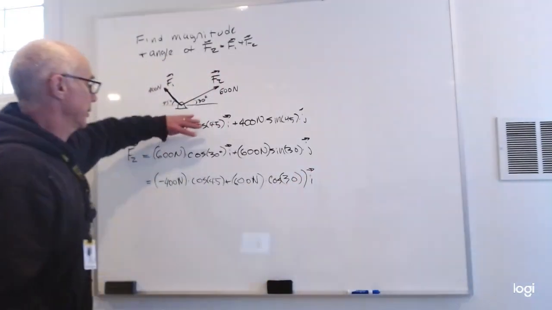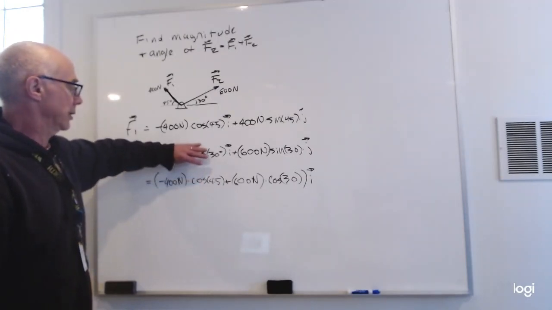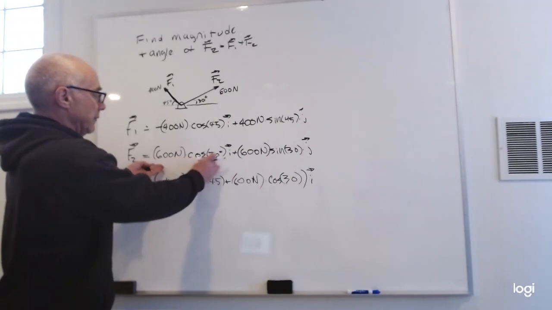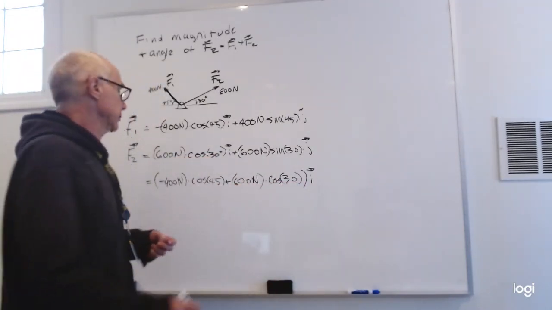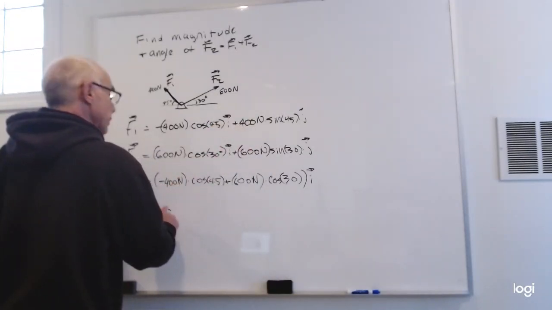Okay, so you see I took the x component, F1x, and added to it F2x, which is this quantity, and I added those together and multiplied them times the i vector. And then we're going to do the same for the j vector, or the y component.